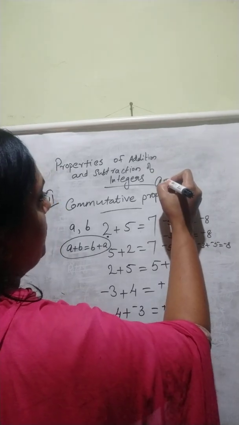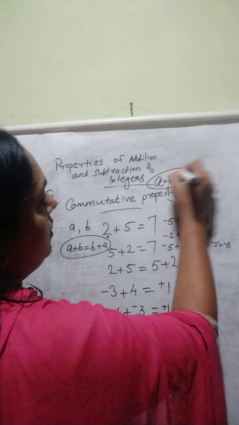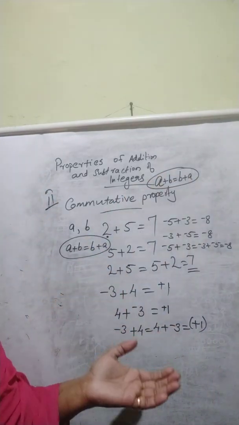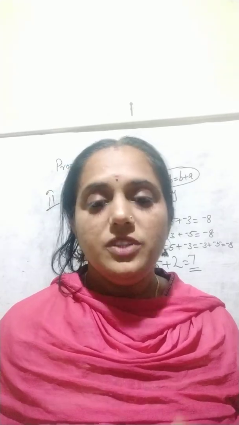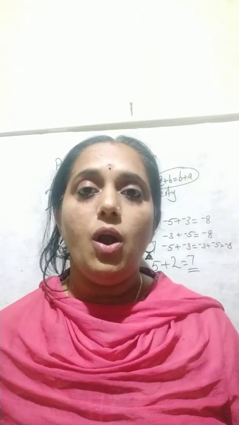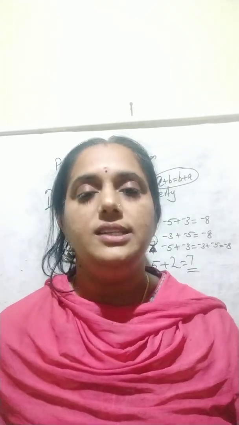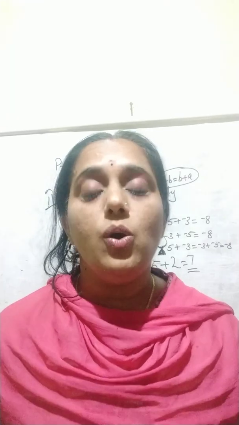So A plus B is equal to B plus A. Okay, so we can say we can add integers in any order. This property is known as the commutative property of addition of integers. We can add integers in any order.